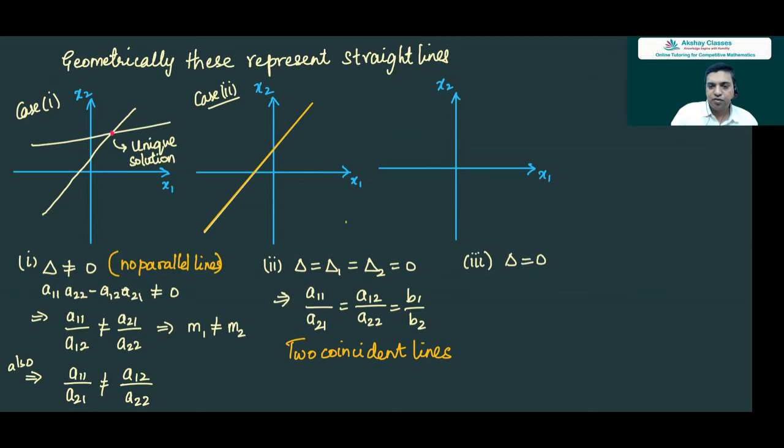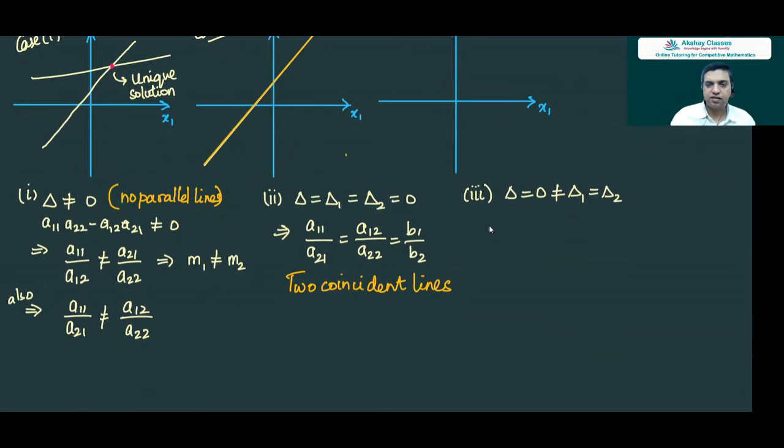Delta equal to 0, but not equal to delta 1 and not equal to delta 2. So delta 1 and delta 2 are not equal to 0.